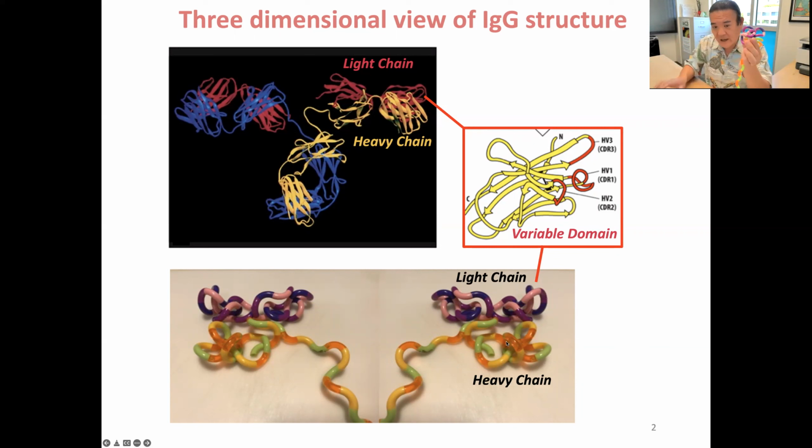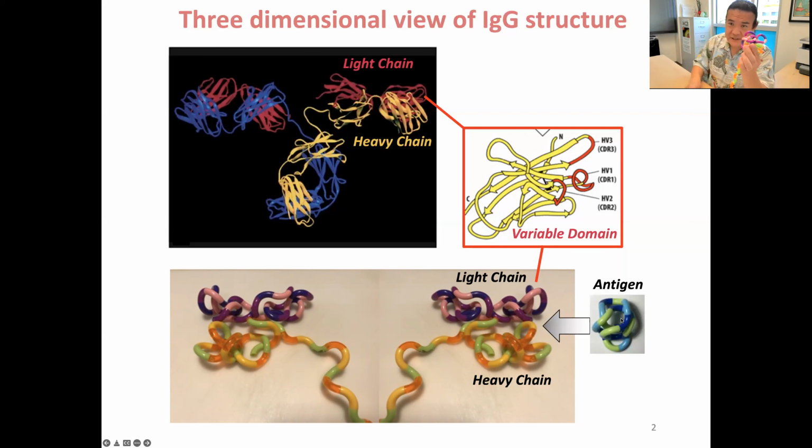And then, of course, the other side of it, sort of a mirror image, you'd have an identical heavy chain on this side, an identical light chain. So both sides are identical. They are the same versions of these light chains and heavy chains. And so an antigen then, most antigens, I think I already mentioned this, most antigens themselves are small proteins, because proteins have the most variability in terms of unique 3-dimensional shapes.